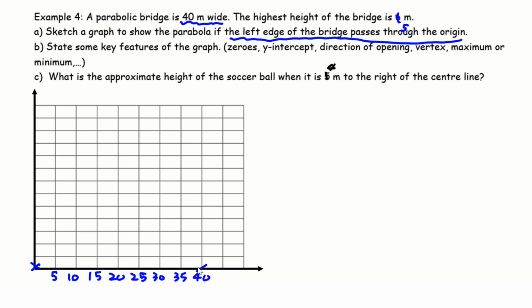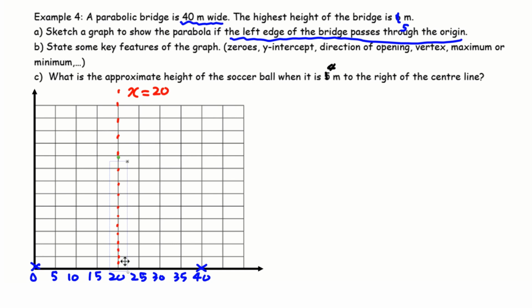Then we assume that the foundation of the bridge is on the ground, so it's from 0 to 40, and the middle of these two x-values will give you 20, that is your axis of symmetry, and your vertex will be on this line. So this is x equals 20.